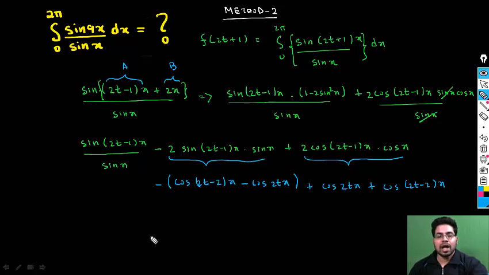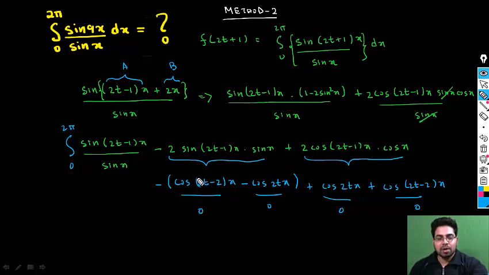Now I need to integrate this expression as well as this expression from 0 to 2 pi. But remember, the integration of this from 0 to 2 pi, this and all of this would become 0. Let me explain why.